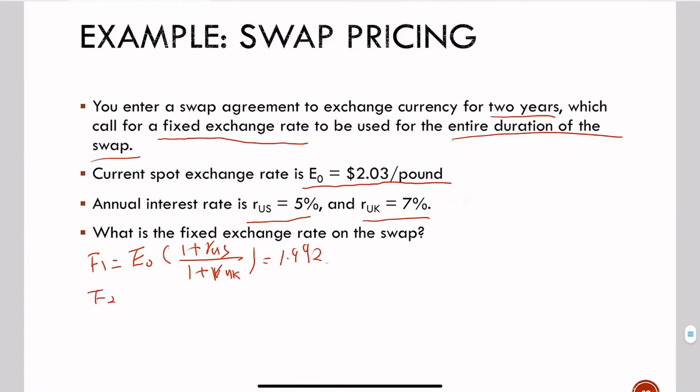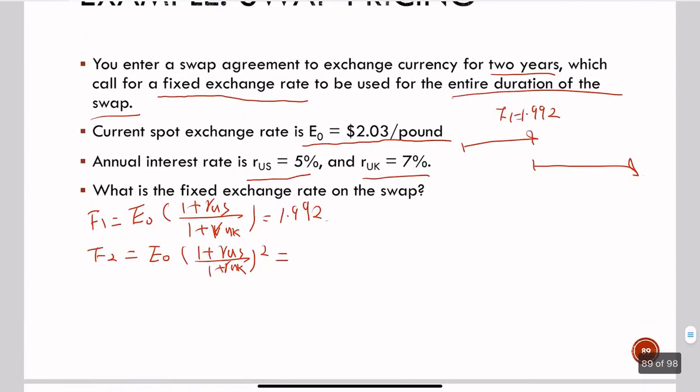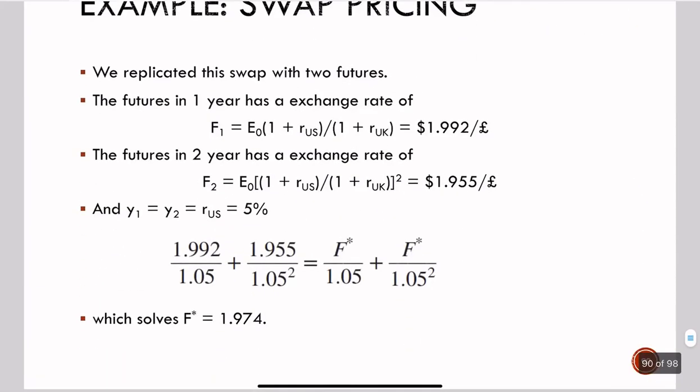And then F2, which is the futures exchange rate at the end of the second year for the second futures, equals E0 times (1 plus R US) squared divided by (1 plus R UK) squared. So essentially, we have two futures contracts. This one here is 1.992, and this one here would be 1.955.